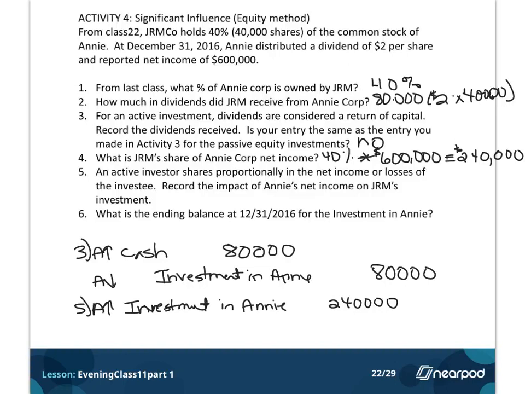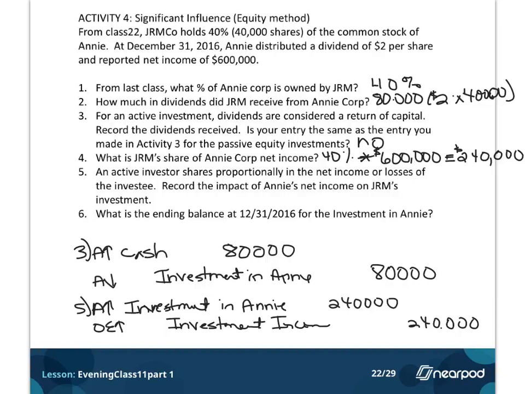The other side of this is we get the benefit of recognizing our share of their net income. So this is investment income or investment revenue. That goes on our income statement in the other income section. Equity method investment income.